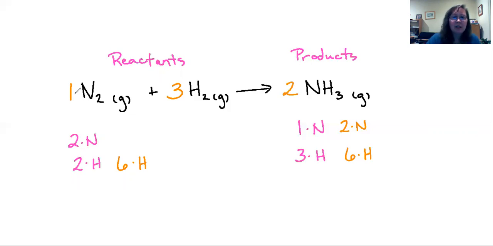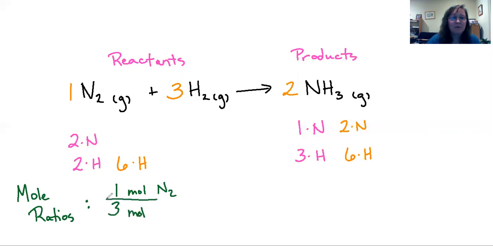So now let's take a look at what the mole ratios would be for this equation. Okay, well, we can see that we have 1 mole of nitrogen to compare to 3 moles of hydrogen.